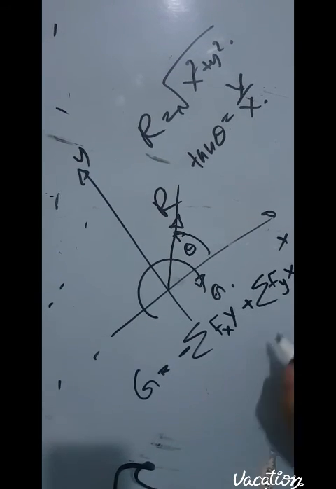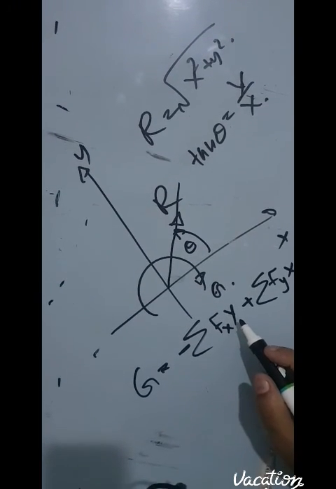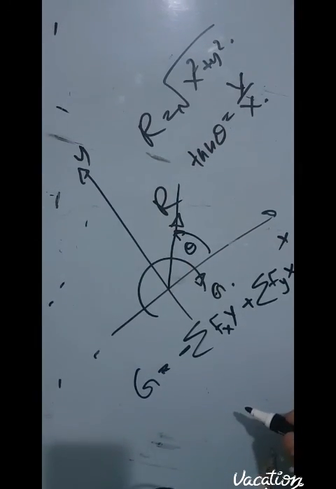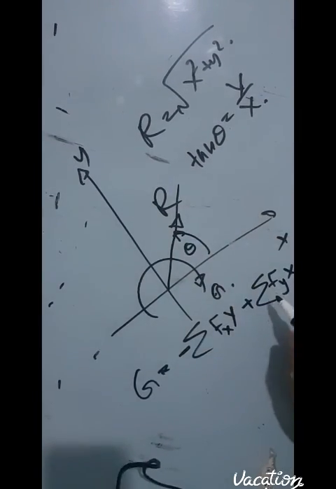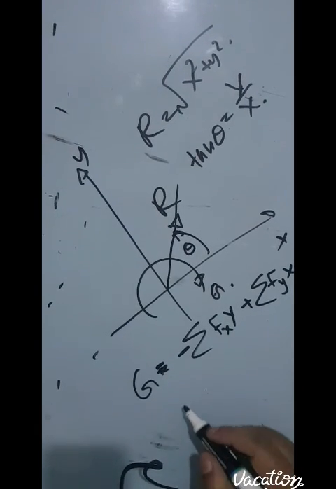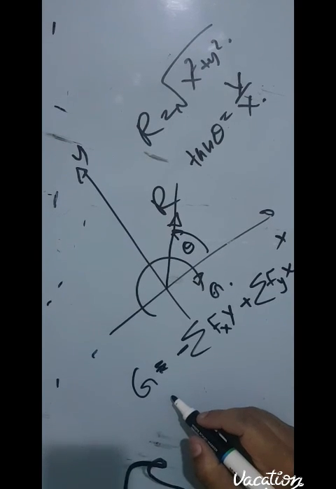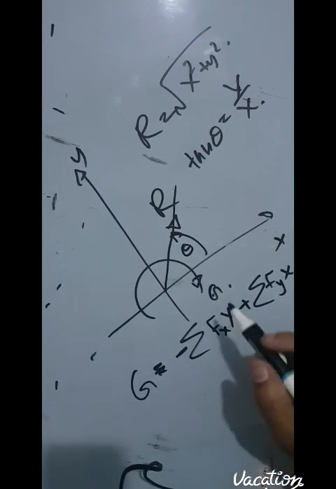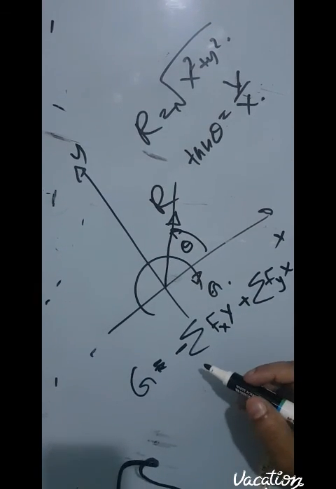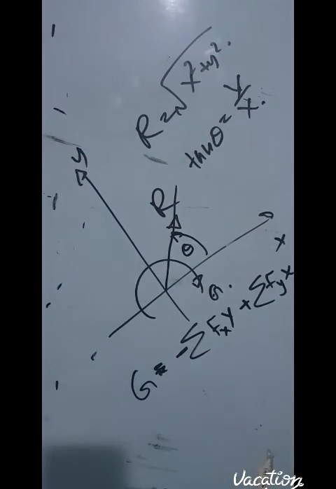X and y will be general Cartesian coordinates, right? So all this summed up will give you a couple, right? So now you know the couple and the R. So we have found everything you need now. Okay, thank you for watching.